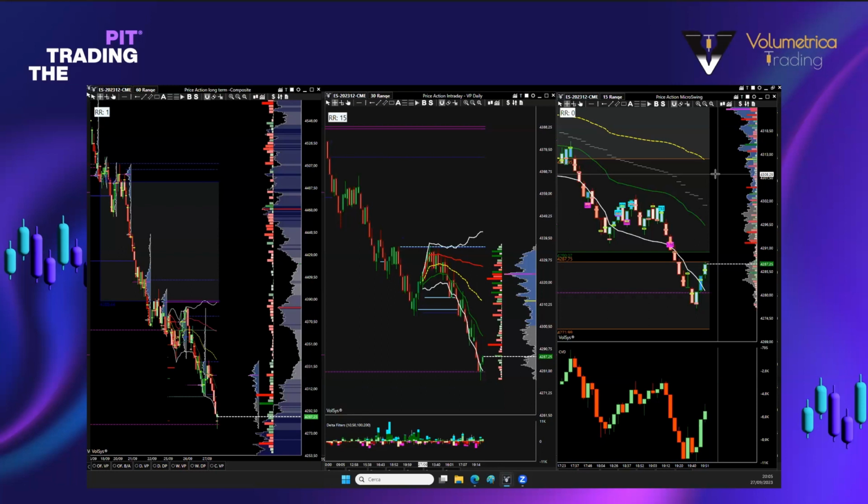Maybe we can have just a quick look at how the S&P 500 is developing throughout the intraday session, looking at the volume profile and what we said about it last time, so we can make a quick recap.